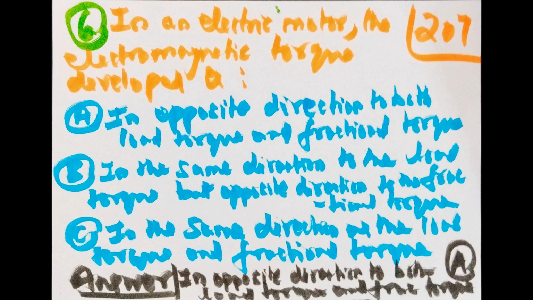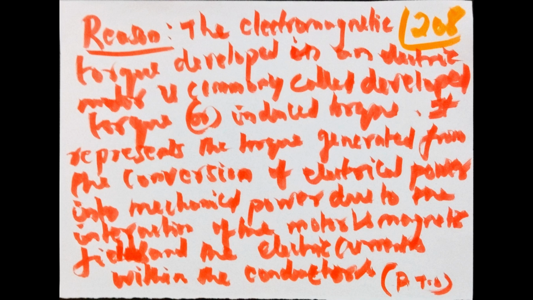Sixth question. In an electric motor, the electromagnetic torque developed: answer is in opposite direction to both load torque and frictional torque. That is answer A. Reason. The electromagnetic torque developed in an electric motor is commonly called developed torque or induced torque.